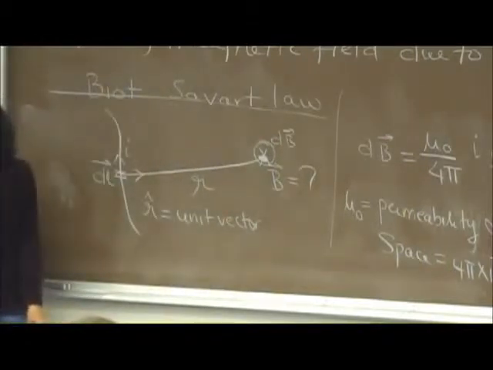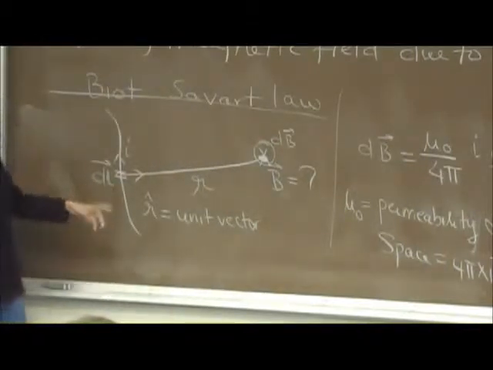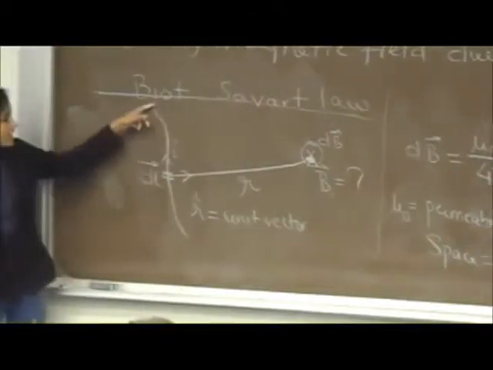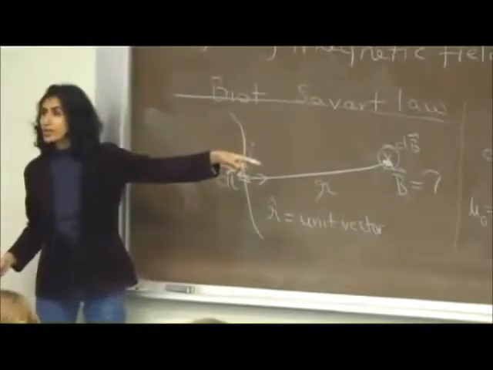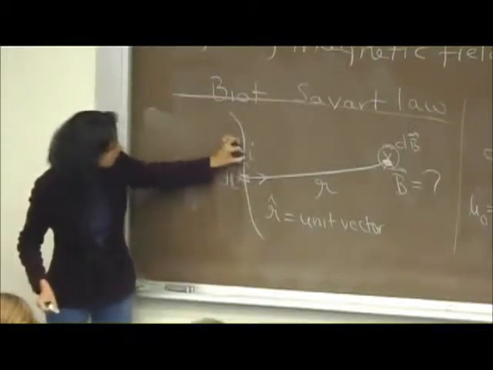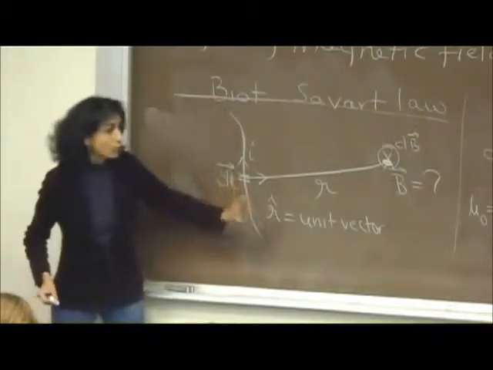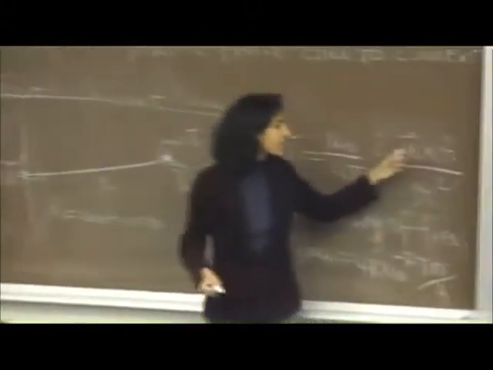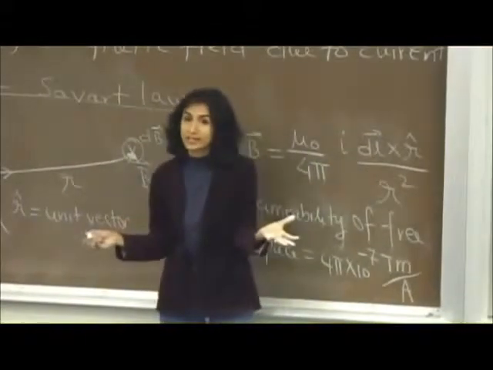Is everybody with me? Now if you want to find the magnetic field due to the whole wire, what do you have to do? Do you have to do an integral? Yeah, add up the contribution to the magnetic field due to all of these dLs. But notice you're not adding a scalar quantity. dl cross r hat is itself a vector.